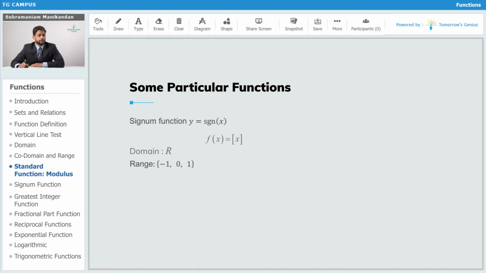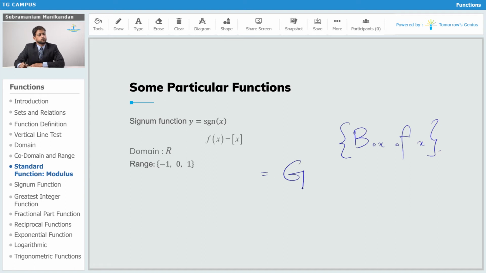The greatest integer function is denoted by x surrounded by these box brackets. That's why sometimes it is simply read as box of x. And what is this equal to?